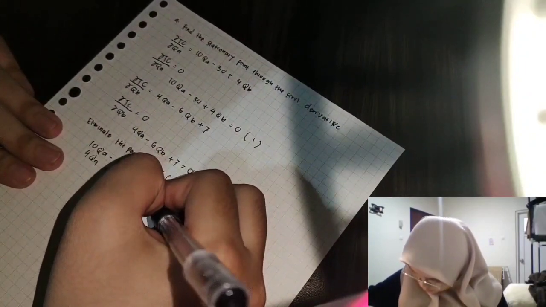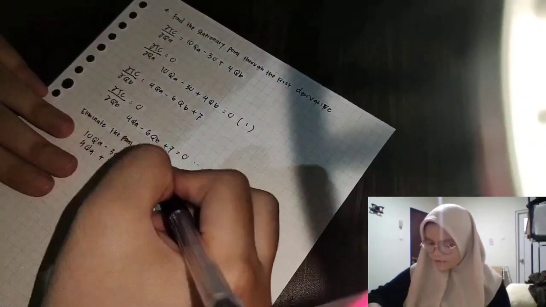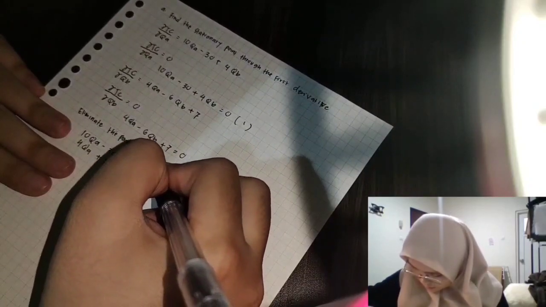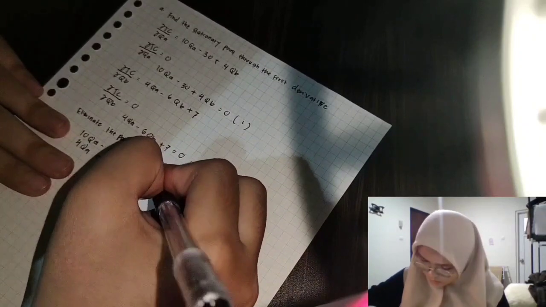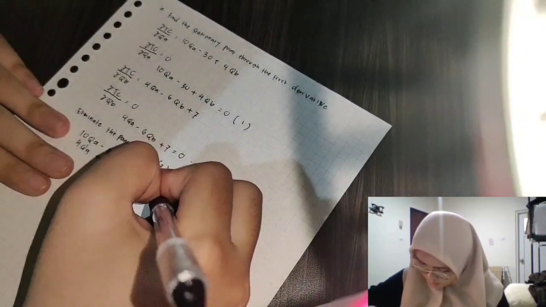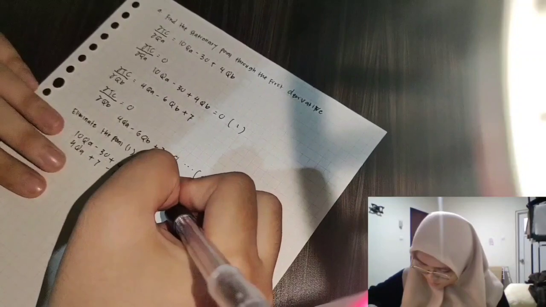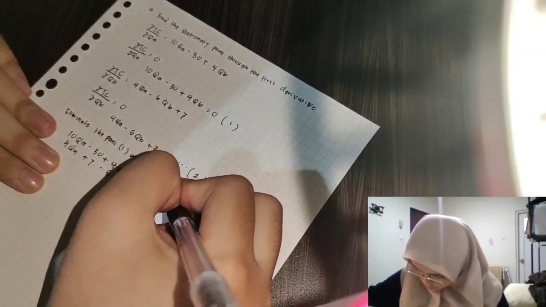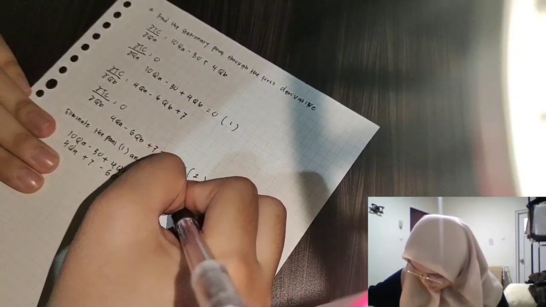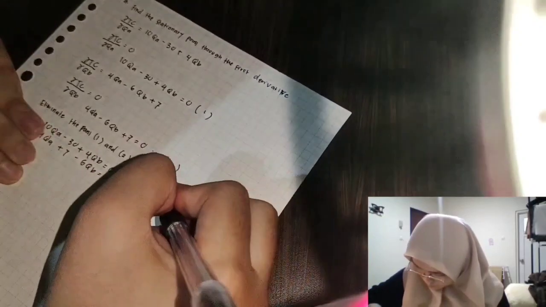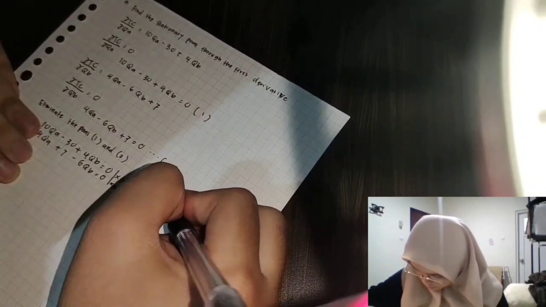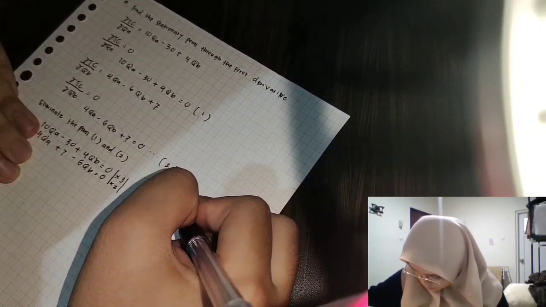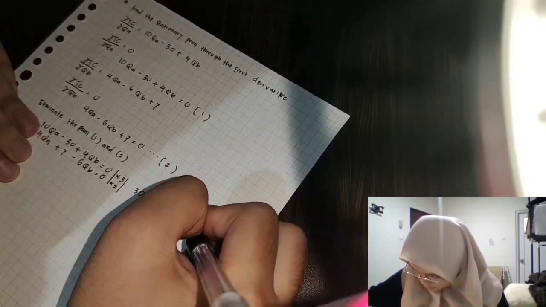And then we must multiply the first by 3 and the second by 2. So 30Ka minus 90 plus 12Kb equals 0.